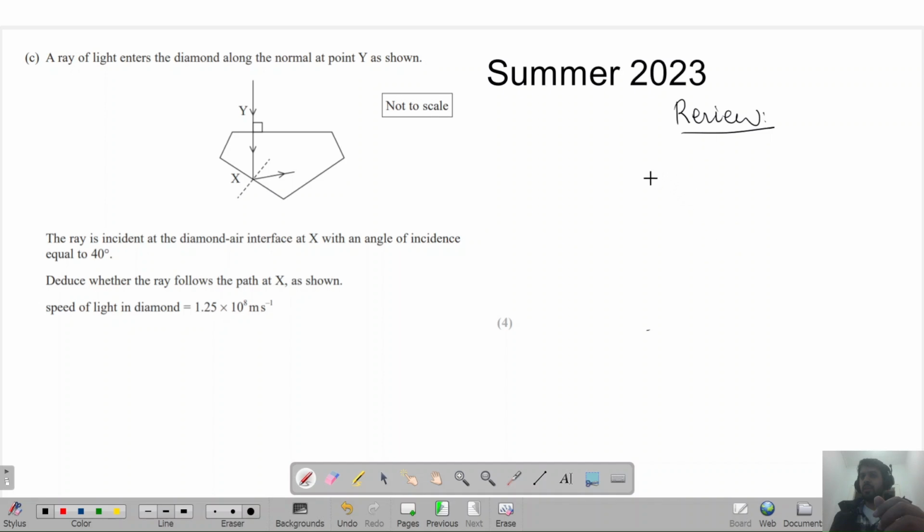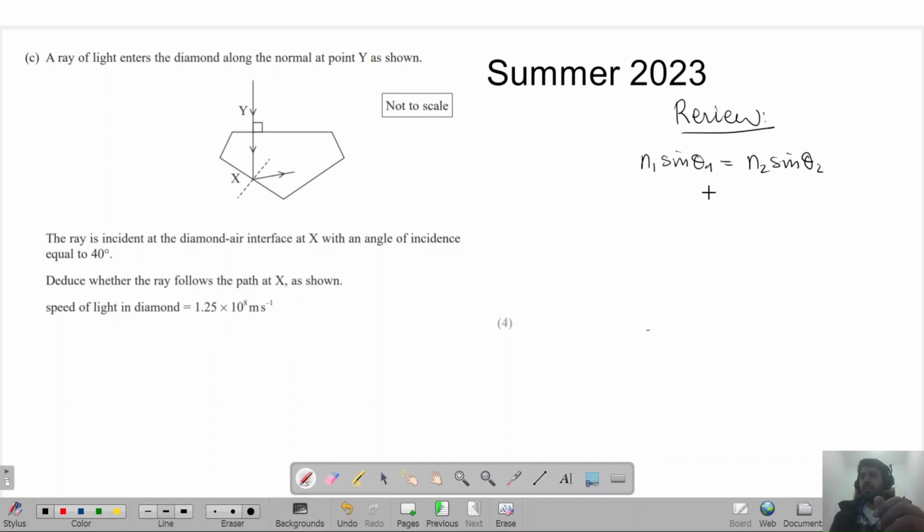And I want to emphasize, we only need a single equation to answer all the questions from this topic of refraction. And the equation that we need is Snell's law, which is n1 sine theta 1 equals n2 sine theta 2. Now, you might be thinking, how is this possible?